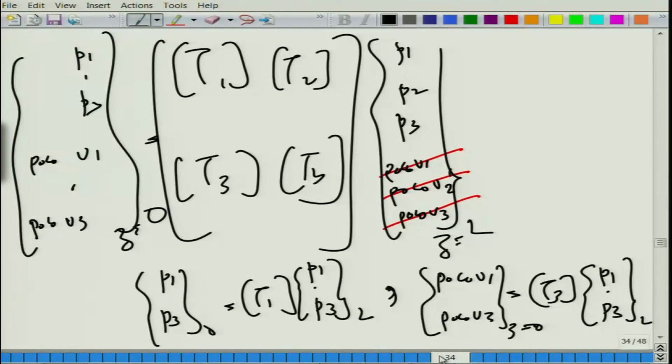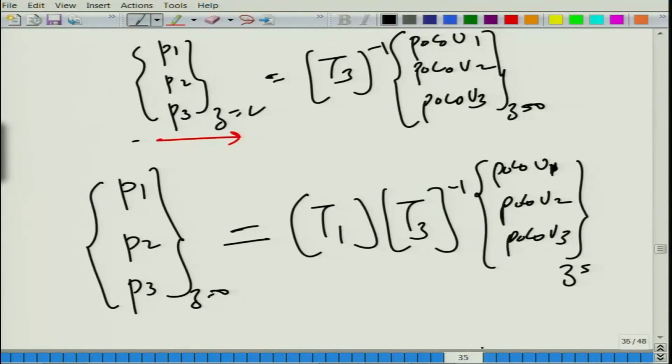In place of this we are writing the inverse of this. So, it is easy to see that when you simplify, we will get this. And then U2 at z equal to 0 is also 0. Eventually, let us say this is the matrix, you can call this matrix T4, which is really a 3 cross 3 matrix.